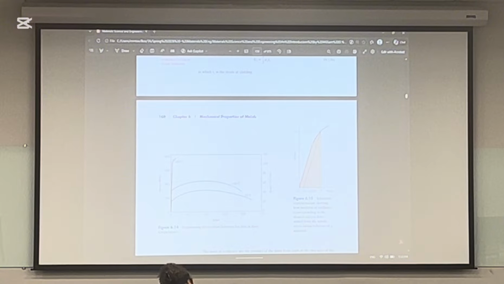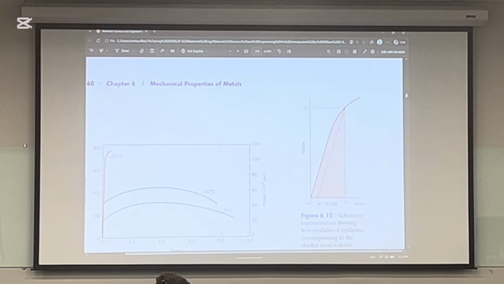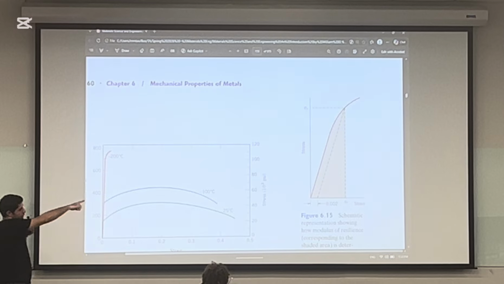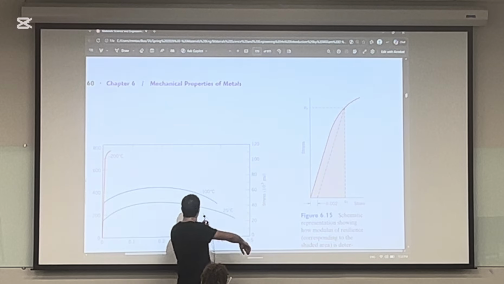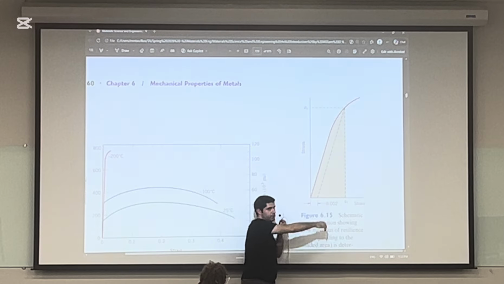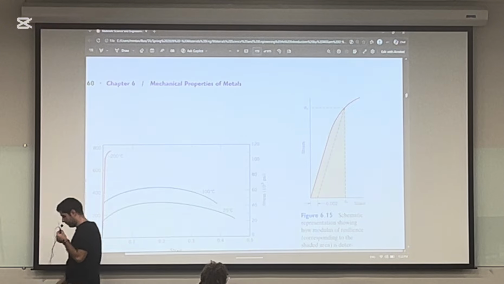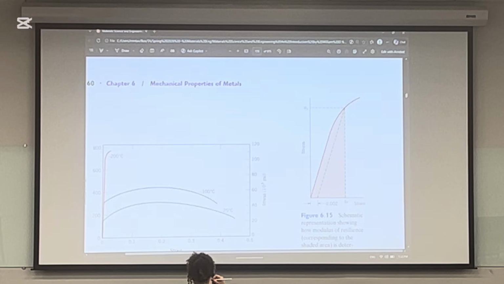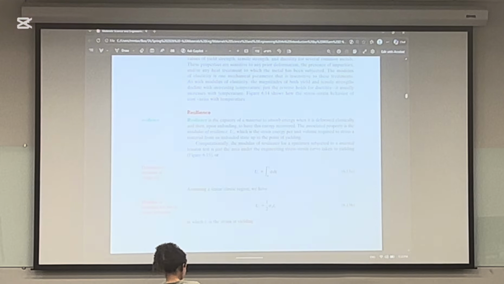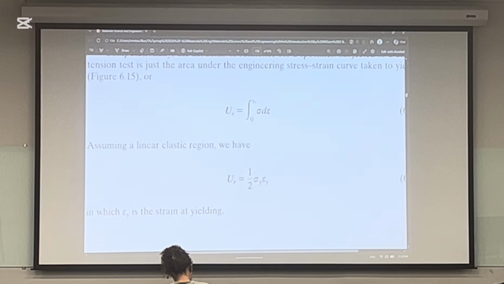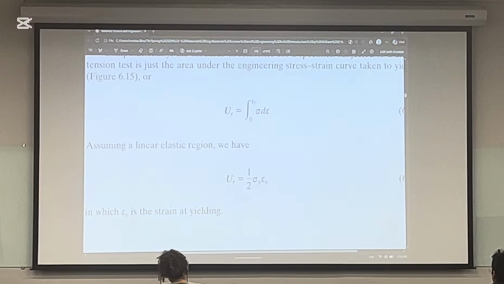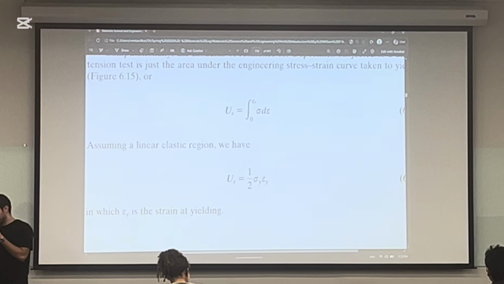So if this is, for example, our stress-strain curve, this part is the elastic region. And basically the area under the curve shows the energy, which is the resilience. So the main formula is using an integral, right? This is like the area under the curve.